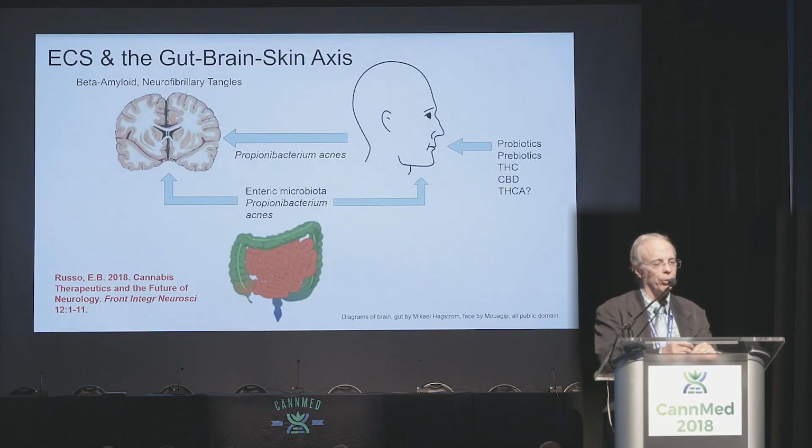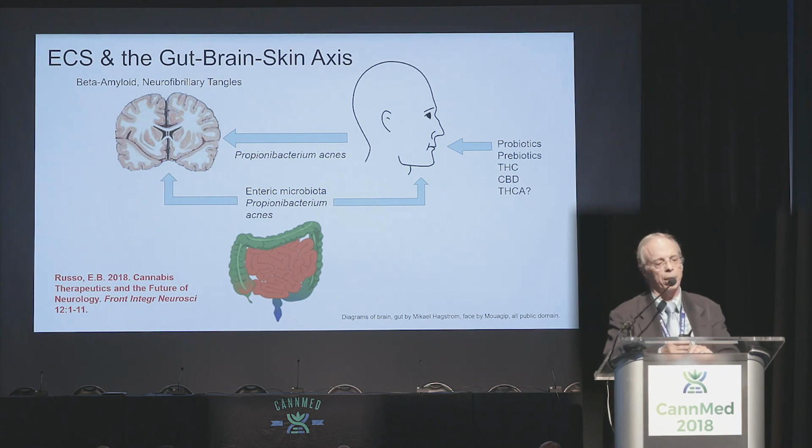And this has led to this diagram that was published last week, what I like to call the gut or grand unified theory that relates the microbiome to treatment of various diseases, including especially beta amyloid formation, neurofibrillary tangles that are associated with Alzheimer's disease and a variety of other neurodegenerative conditions.